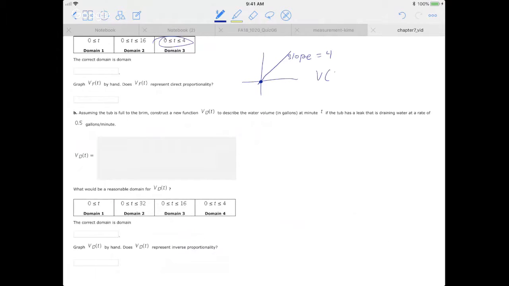The function is of the form kt to the p. And also, it passes through the origin. And that's the difference between linear functions that are also power functions and linear functions that are not also power functions: does it pass through the origin? Is b equal to 0?